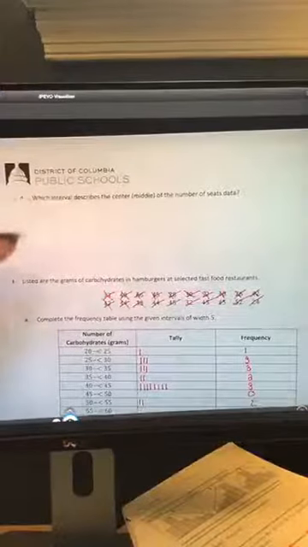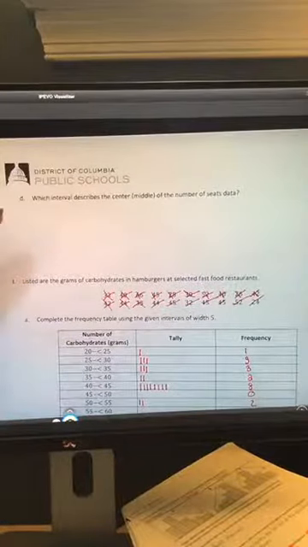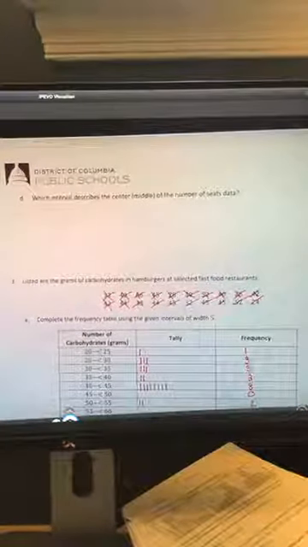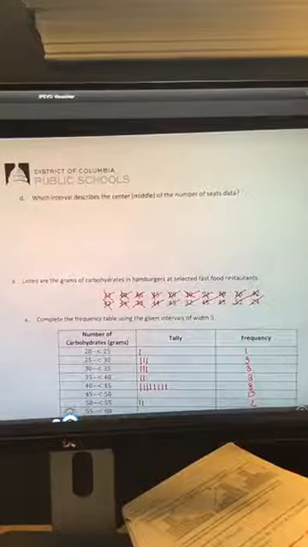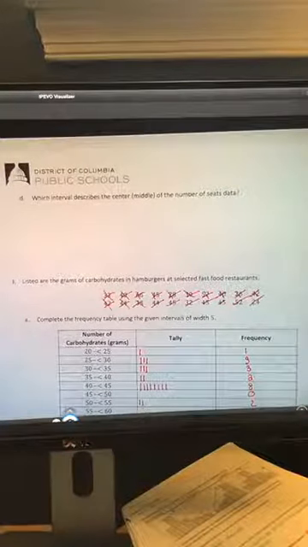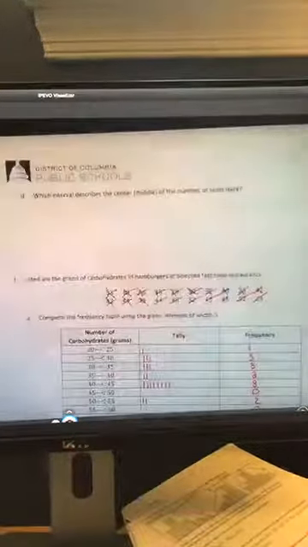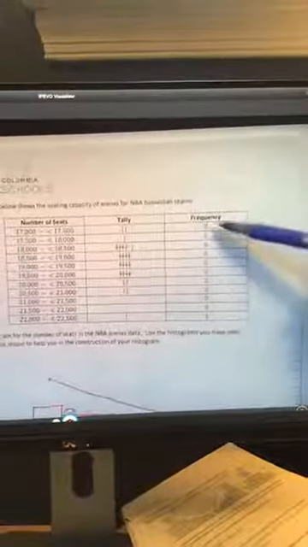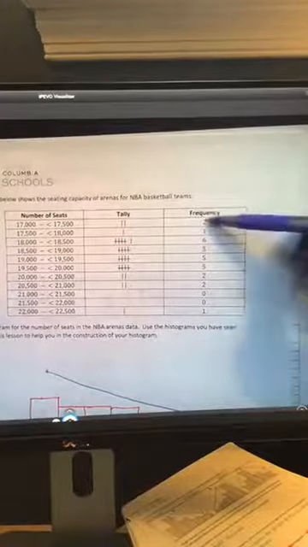So, question D says, which interval describes the center of the number of seats? Okay, Jaden, I see you. Thank you. Okay, so now, in order to find out the center, we're going to do the exact same thing we did back here. We are going to add up all of our frequencies and divide by 2.